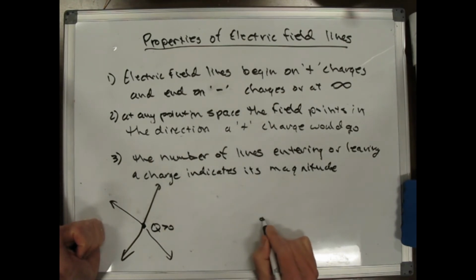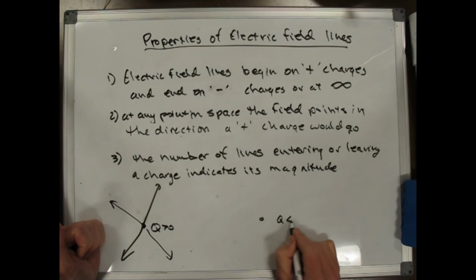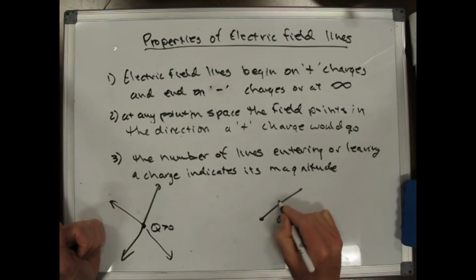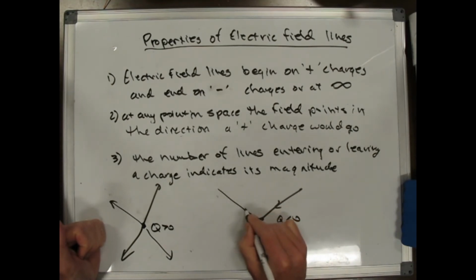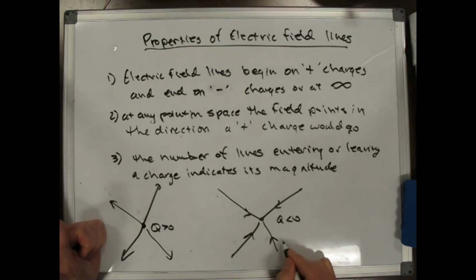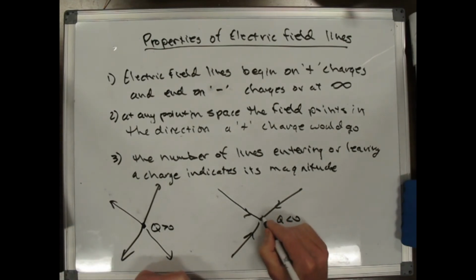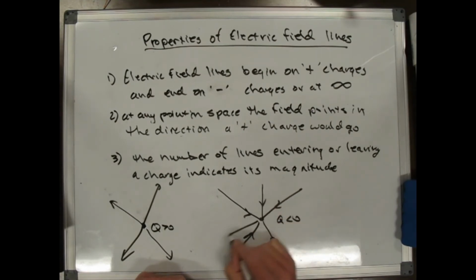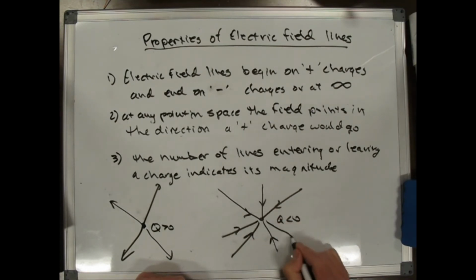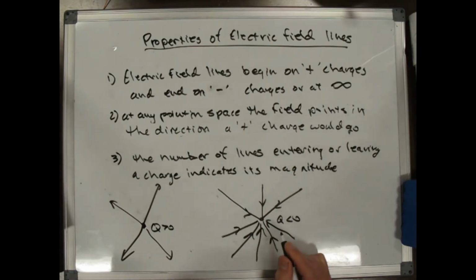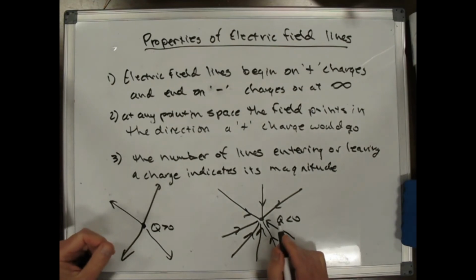If I wanted to draw a negative charge, Q less than 0, I would draw some lines coming in. These obviously would have to be beginning on positive charges somehow. So let me draw a few more here on this guy. Like that.